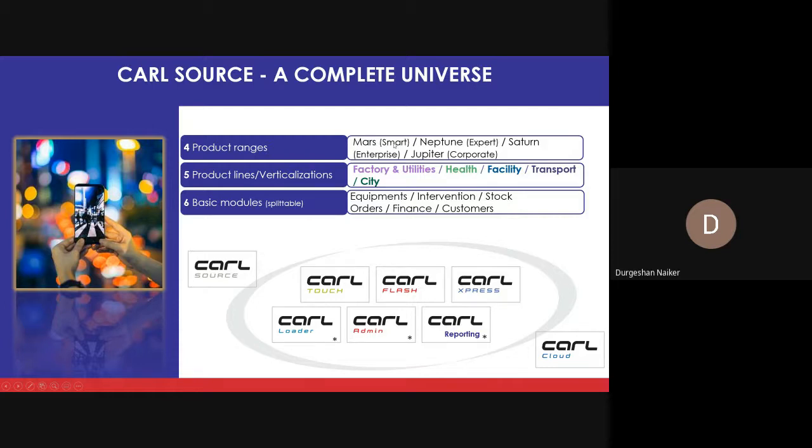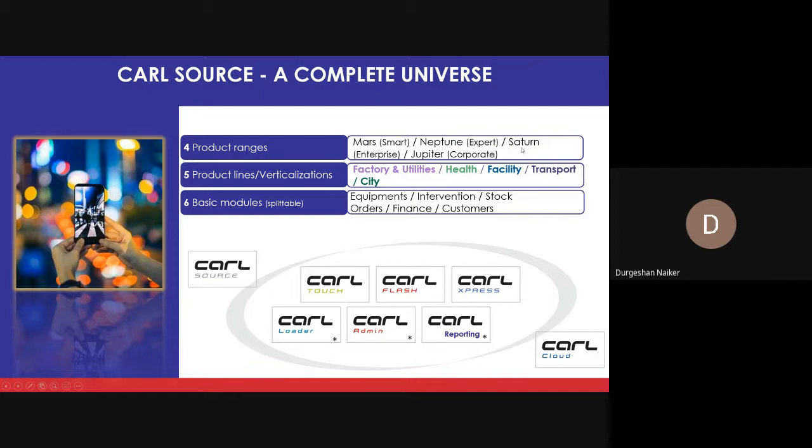Mars is for a small business, a startup business that needs to do maintenance but can't afford much. So we give them a license which is not very expensive, with some of the features removed, so they can afford it. As they grow to a medium-sized business, they can use the Neptune version, which we also call Expert. There is a wealth of functions which they can use.